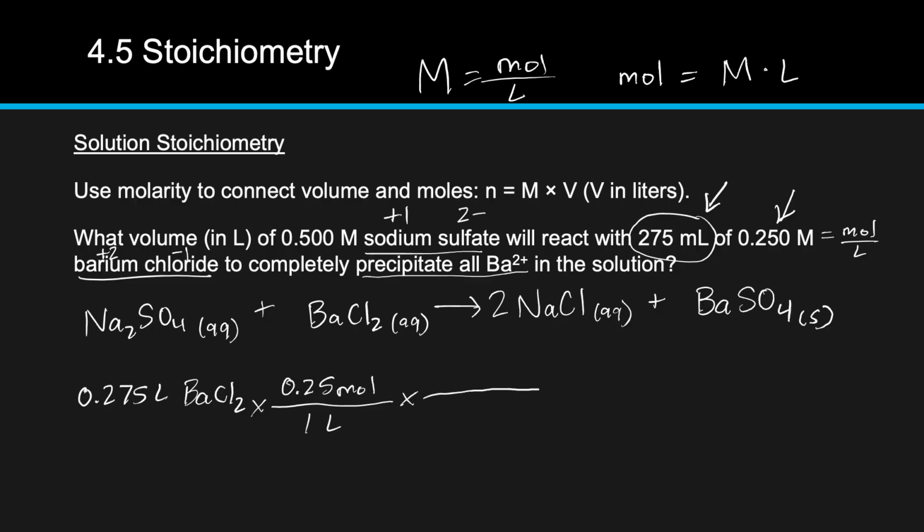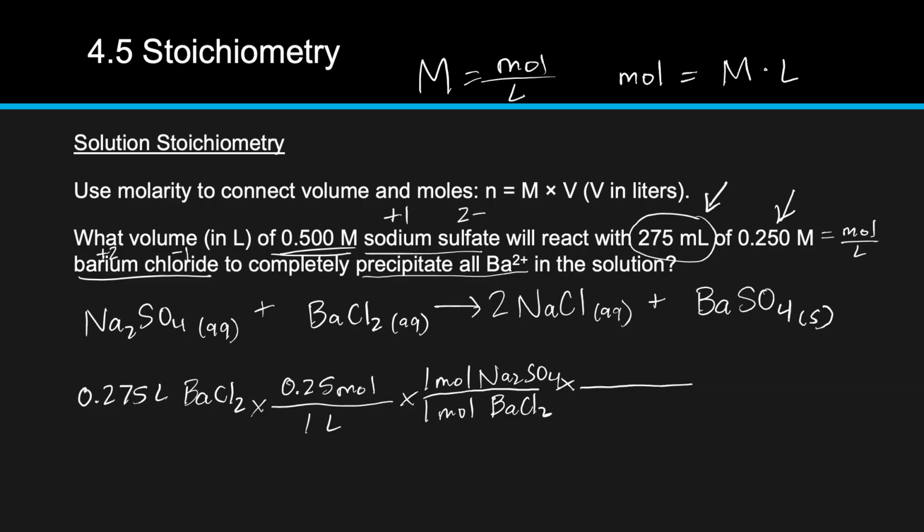So now that I'm in moles of BaCl2, I need to get to moles of Na2SO4. Those are both a coefficient of 1 from the balanced chemical equation. So that's going to be an easy 1-to-1 mole ratio. And now I can go ahead and use my concentration of 0.5 sodium sulfate to get back to liters.